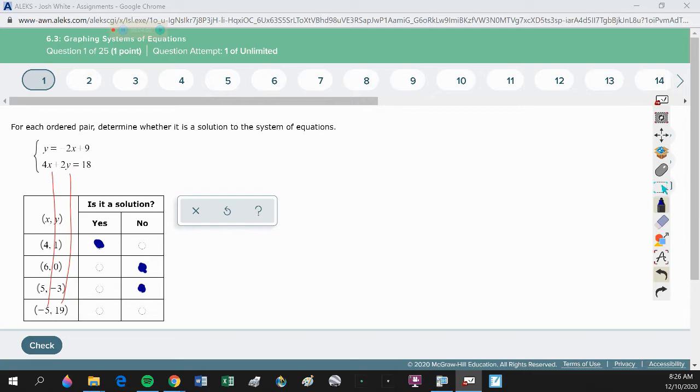So 4 times -5 is -20. And 2 times 19 is 38. Is that equal to 18? Yes. Now I need to try the other equation. Put -5 in there, 19 in there. Is 19 equal to -2 times -5 plus 9?